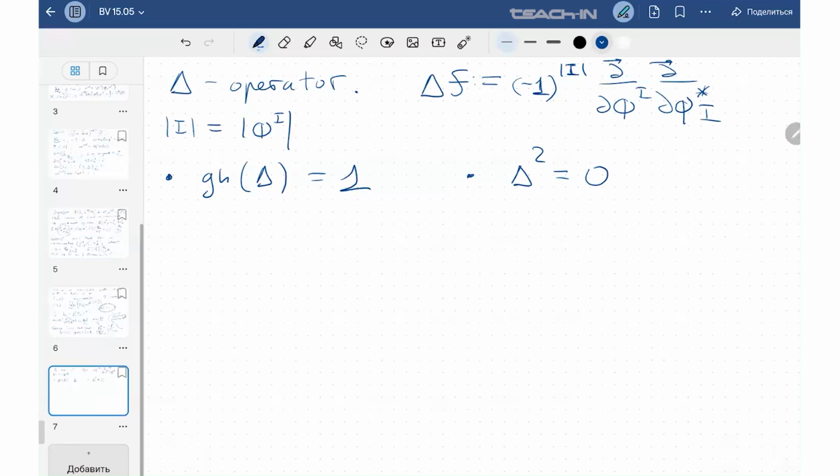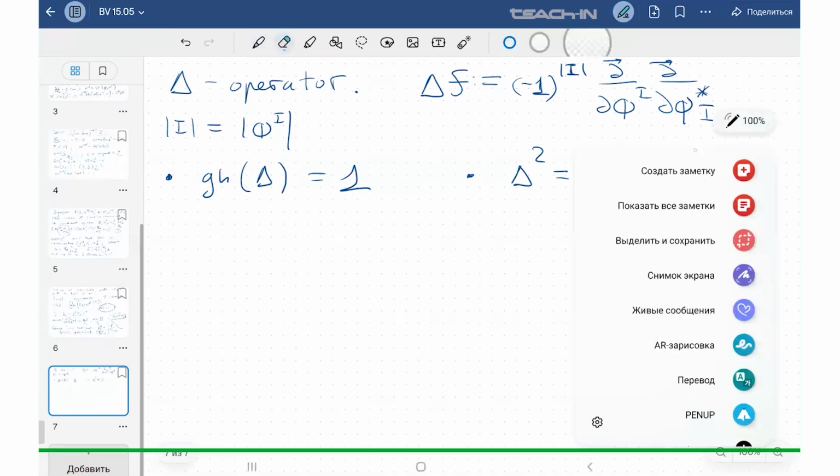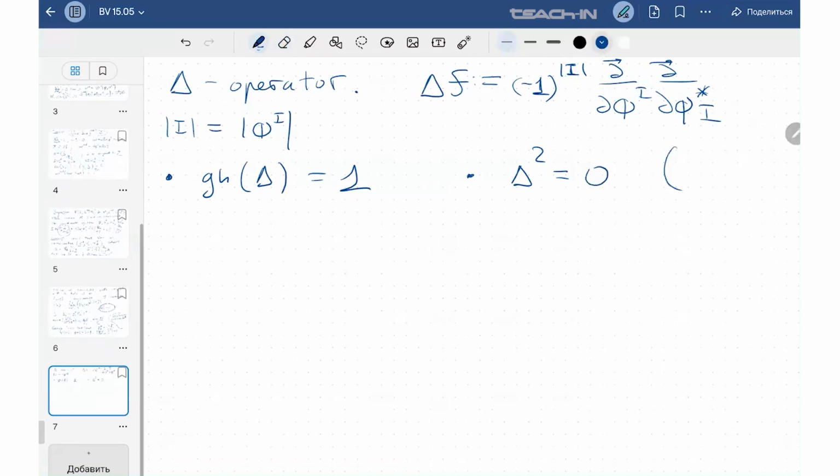If you go twice, you will see a second derivative in fields and a second derivative in anti-fields, but they have opposite Grassmann parities. So one expression is symmetric, another is anti-symmetric, so the contraction is 0 by symmetry. If it's not obvious to you, please check. Exercise: check the properties.